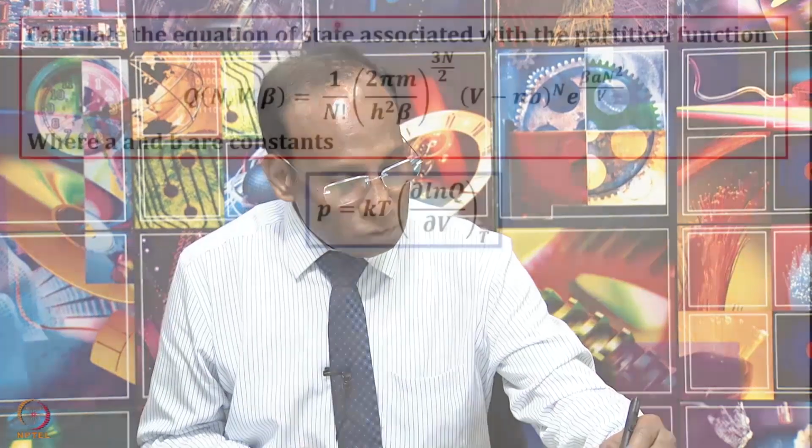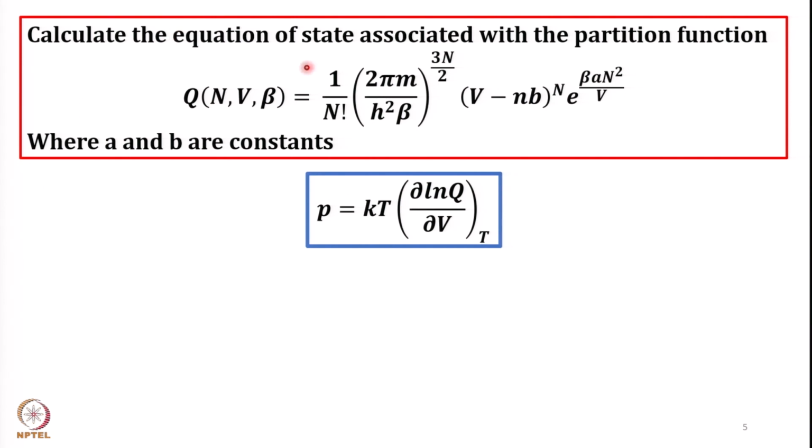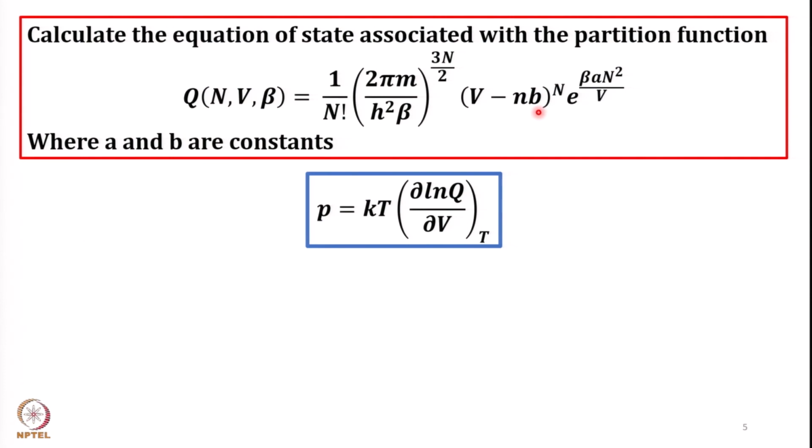The question is to derive or calculate the equation of state. What is an equation of state? An equation of state is an equation which connects P, V and T. For ideal gas, PV is equal to nRT. For non-ideal gas, we should get an expression from the given expression, because the given expression involves b and a, which are repulsive and attractive parameters.